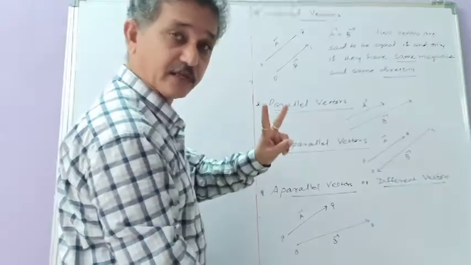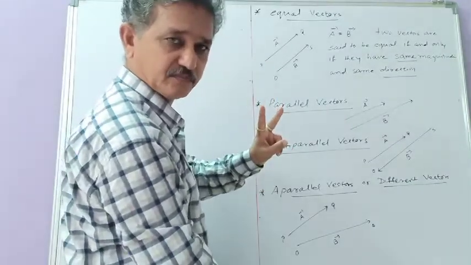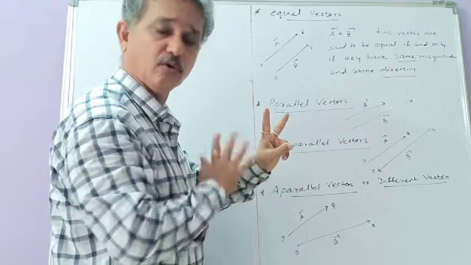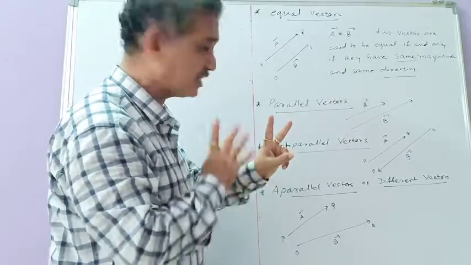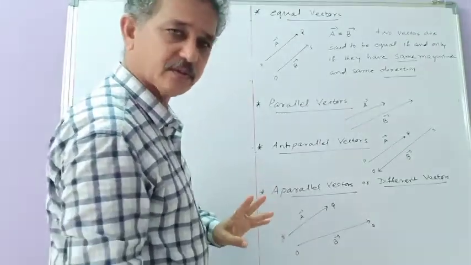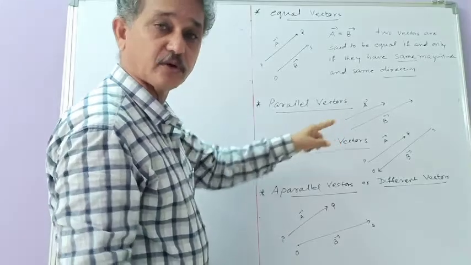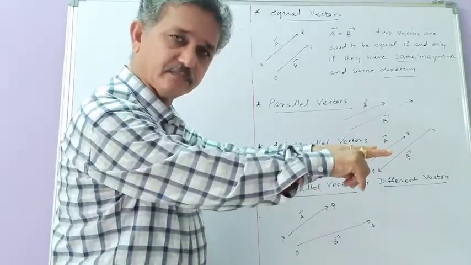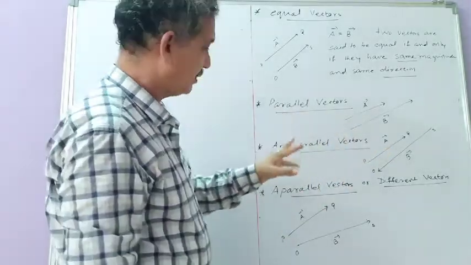So if two vectors have the same direction, whether or not they have the same magnitude, then they are said to be what? Parallel vectors. Parallel vectors just means what? You consider the railway track, then it is said to be parallel.